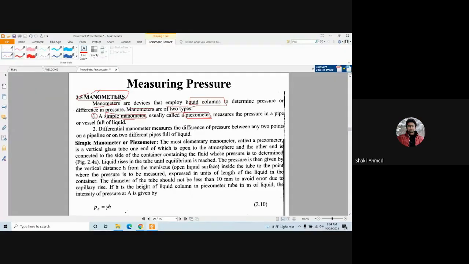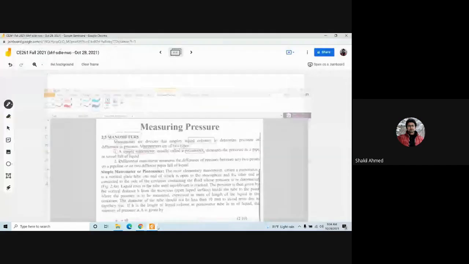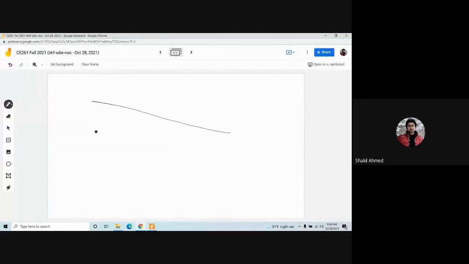Now let's see what is a simple manometer. This is a pipe, and water is flowing through the pipe. Now, why is the water flowing? Because the water is under pressure.